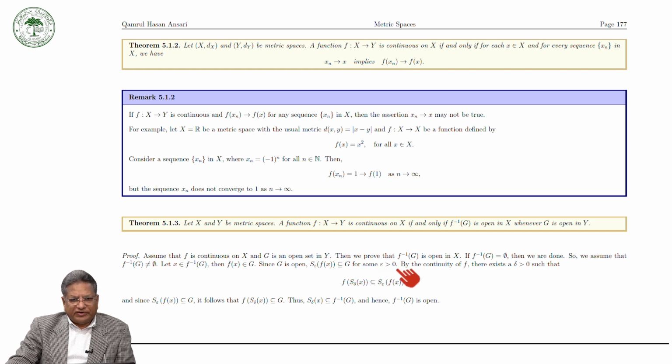Now by the definition of continuity, for every epsilon positive there exists a delta. So corresponding to this epsilon there exists a delta positive such that the image of the open sphere with center x and radius delta must be a subset of the open sphere with center f of x and radius epsilon.